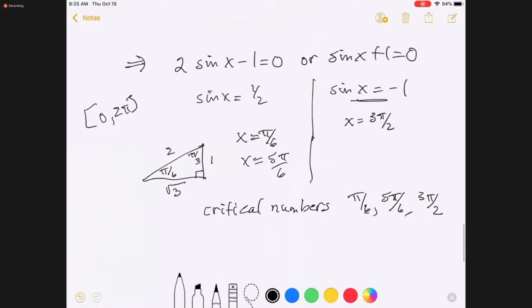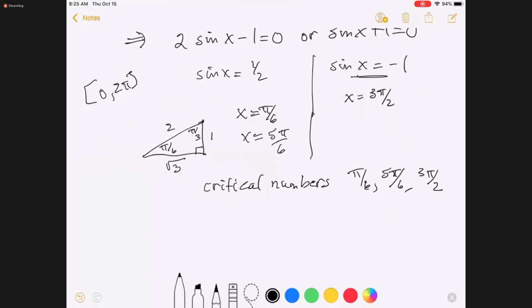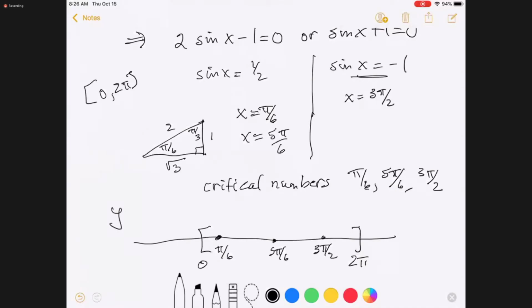Okay. So, I'm only checking one piece here. Critical numbers: pi over 6, 5 pi over 6, and 3 pi over 2. And this is my y prime line.